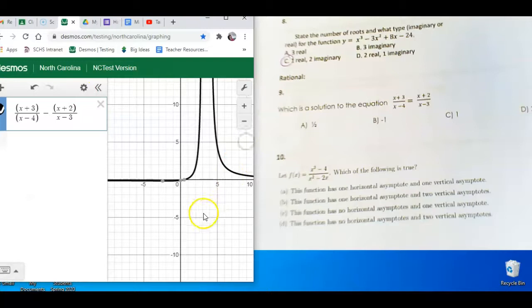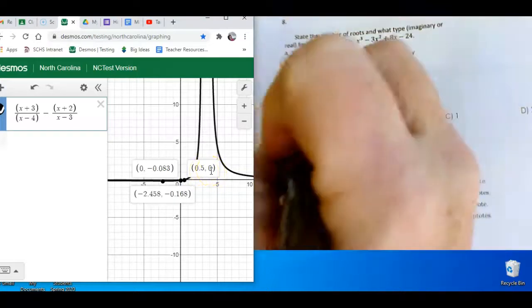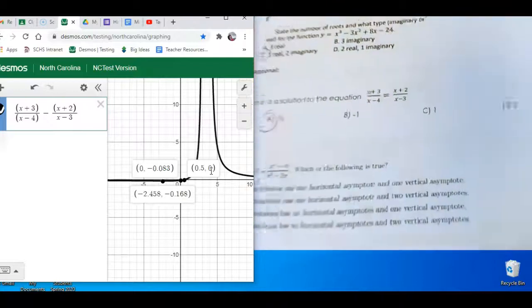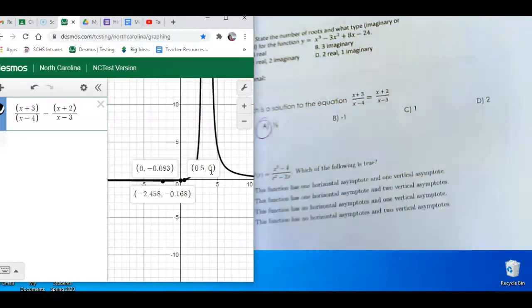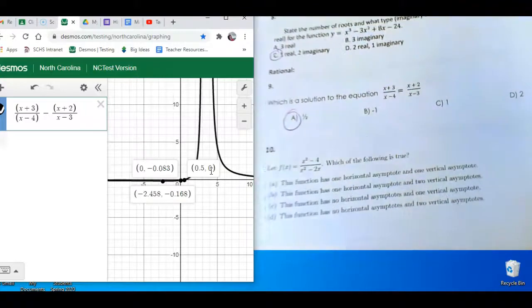All right, we'll go to home. All right, there's lots of things that pop up, but the only one I want is the one that says equal to 0. So it looks like 1/2 would work. Another way that we solved this one a long time ago is cross-multiplying. Cross-multiplying may work in a situation like this, but that does help you solve it a little bit easier.